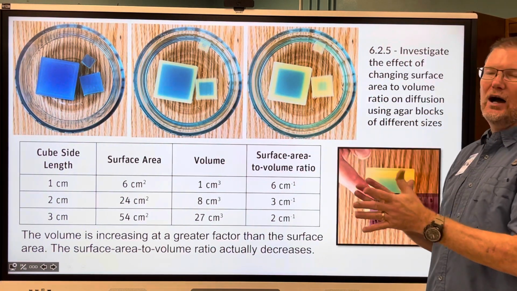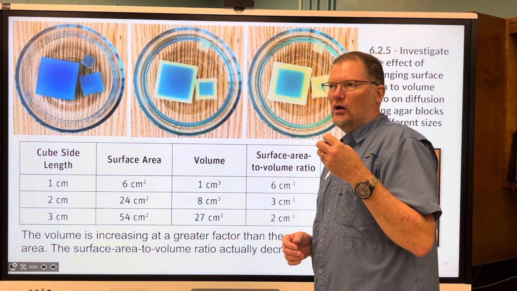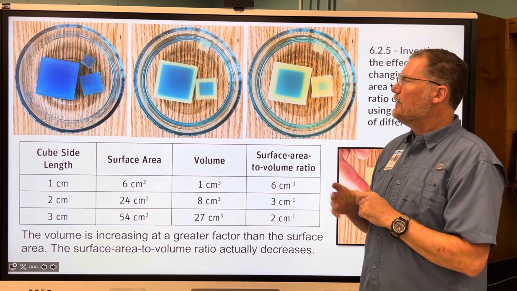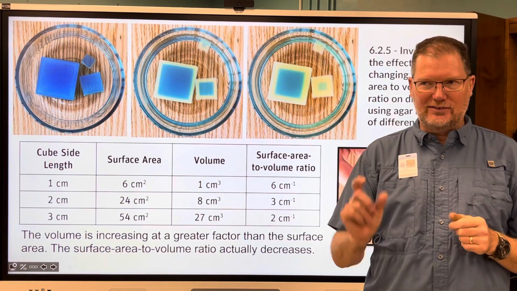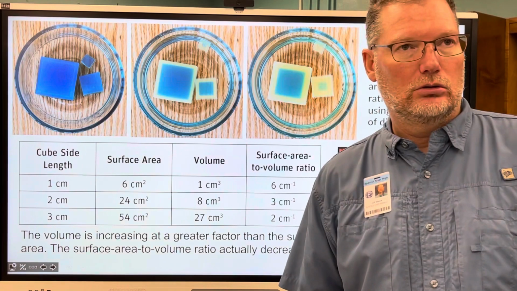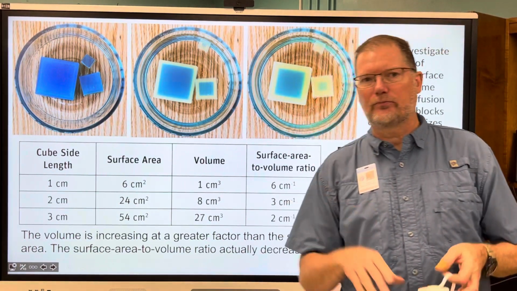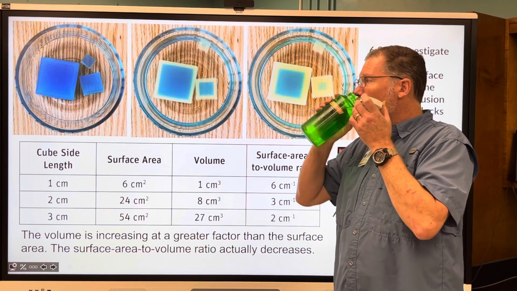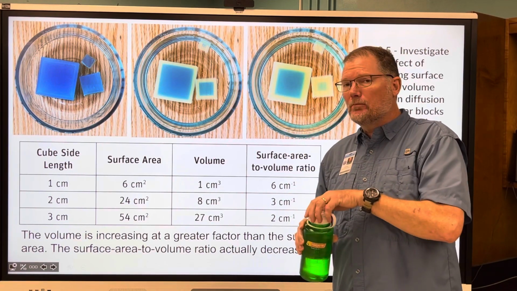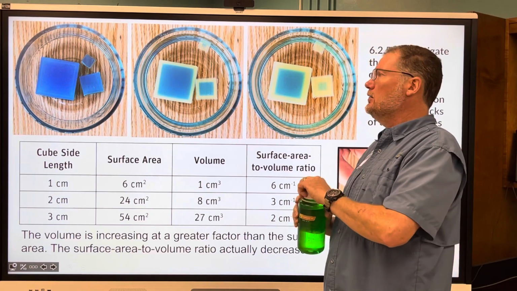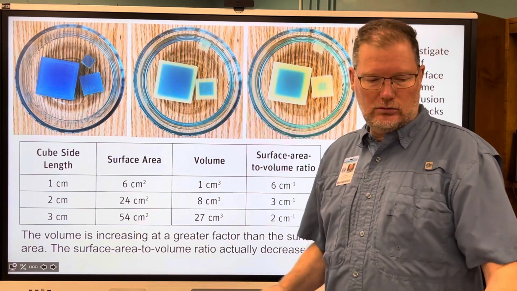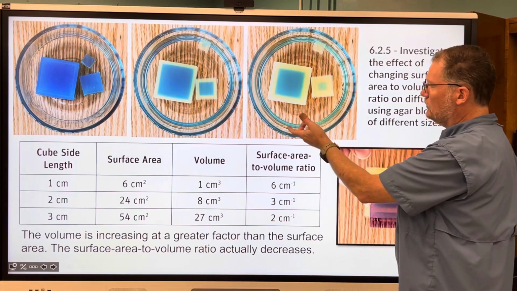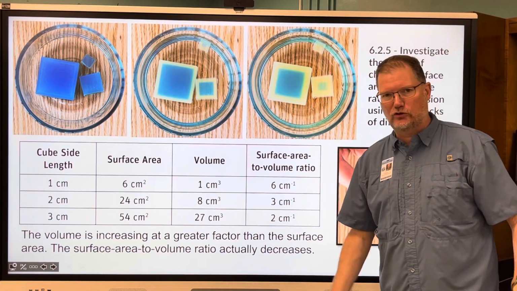And these are cubes of agar that have essentially a food coloring in them. Let's just call it that. And then they're dipped into an acidic solution. In this case, it's just vinegar. Vinegar is acetic acid. And over time, the acid neutralizes the coloring until you get to the end of your experiment.